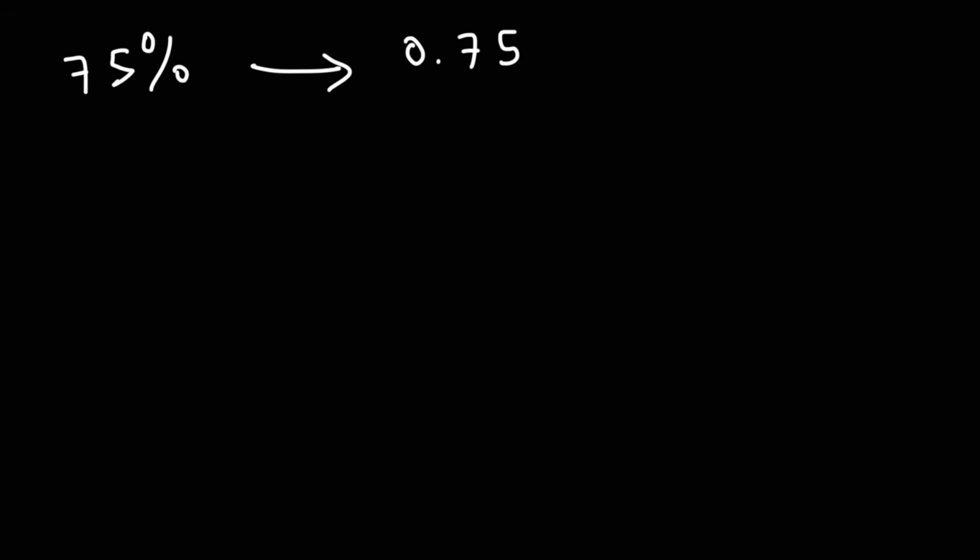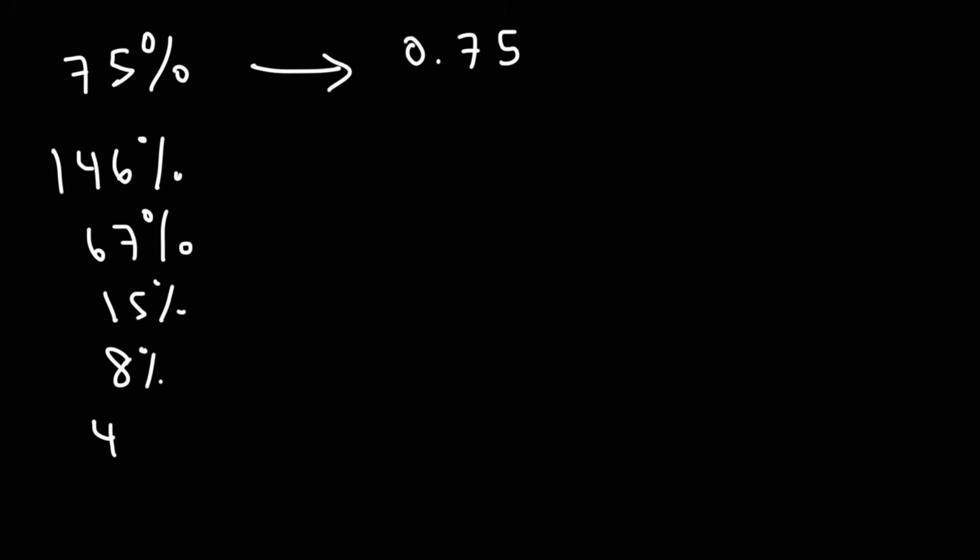So with that in mind, go ahead and convert these percentages into decimals. 146%, 67%, 15%, 8%, 4.2%, and let's say 0.56%, and then 1400%. Go ahead and convert those percentages into decimals.